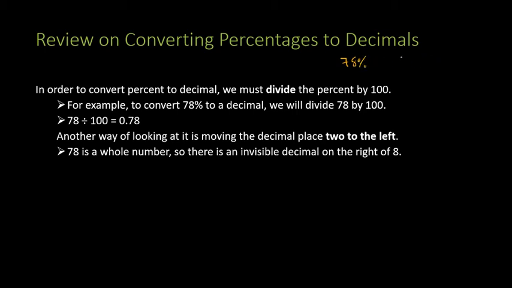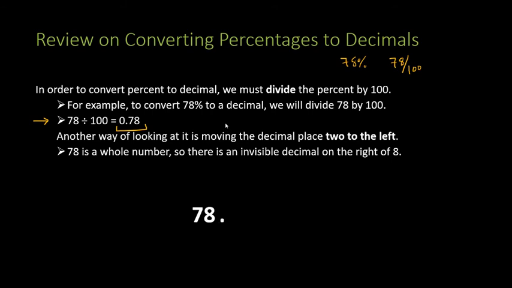So 78% means 78 out of 100, right? So to get decimal form, we divide 78 by 100. For example, if you look here, 78 divided by 100, 0.78. Okay, and you can also look at it as moving the decimal point 2 places to the left, if that's a handy way for you to visualize it.